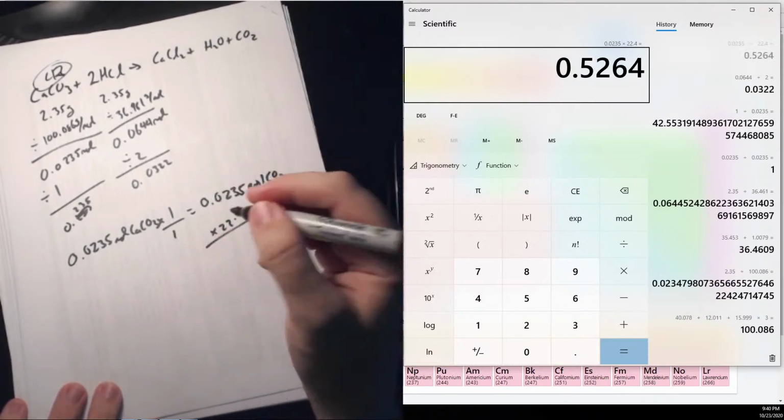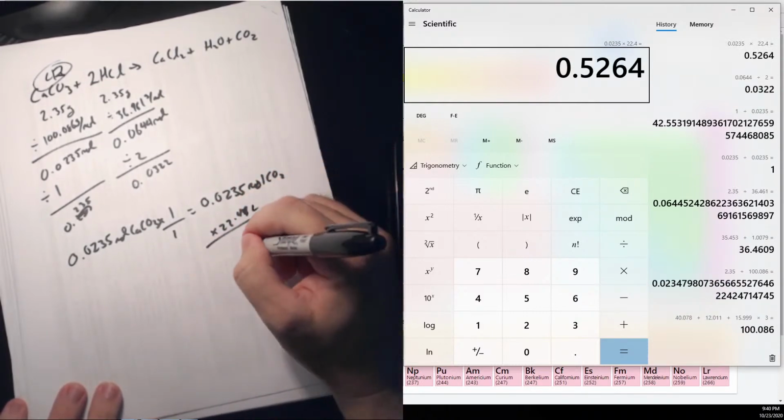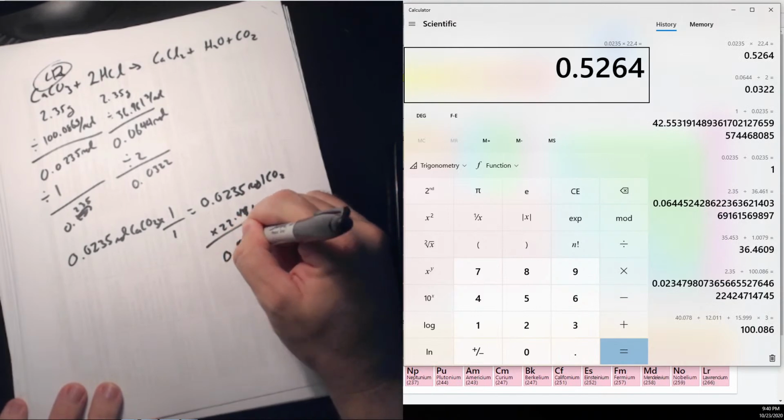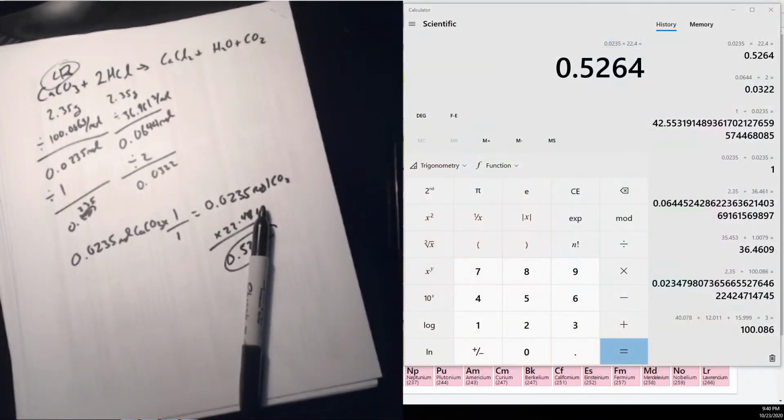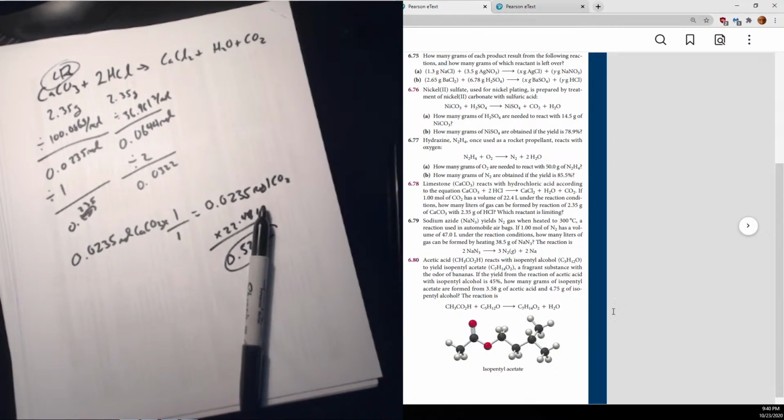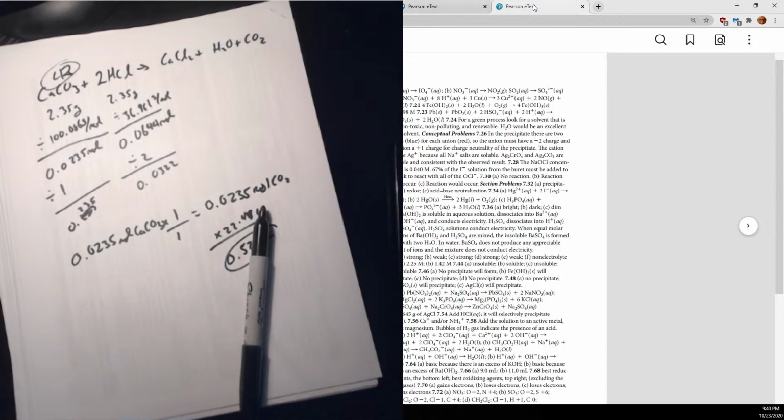It was 22.4 even. 0.526 liters. Yes. Okay, so that was 0.526 liters with the calcium carbonate as the limiting reactant. My handwriting notwithstanding, my chemistry still is excellent.